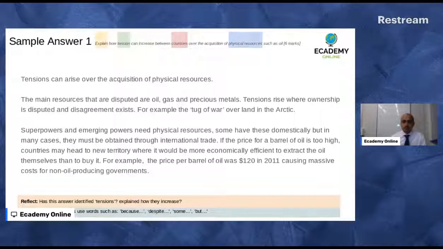So for those of you who just arrived, if you just have a read of the sample answer, and we will go through breaking it down and what we think, what kind of mark this would get. Just let me know once you've had a read and once you've got an idea what's going on.